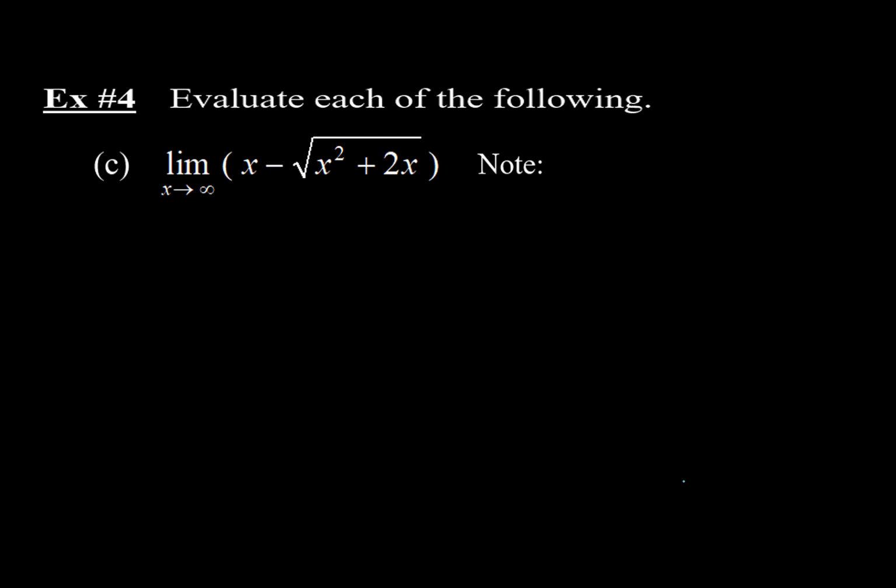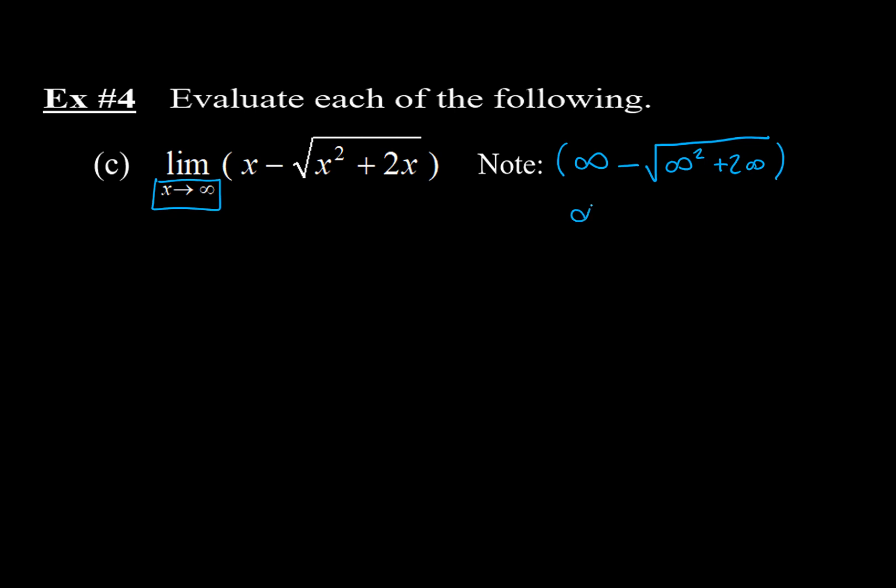Now this one's interesting because it doesn't have a denominator, at least not yet. If I plug in the limit as x approaches infinity, what I'm going to get here is infinity minus the square root of infinity squared plus 2 times infinity.